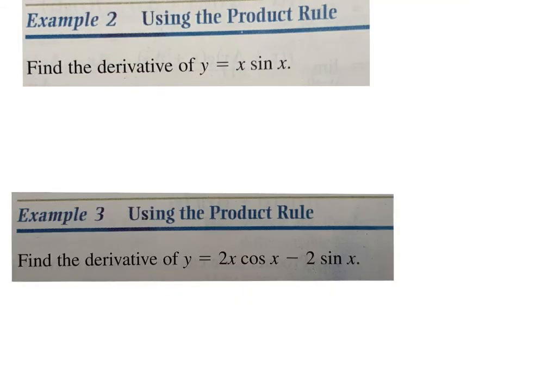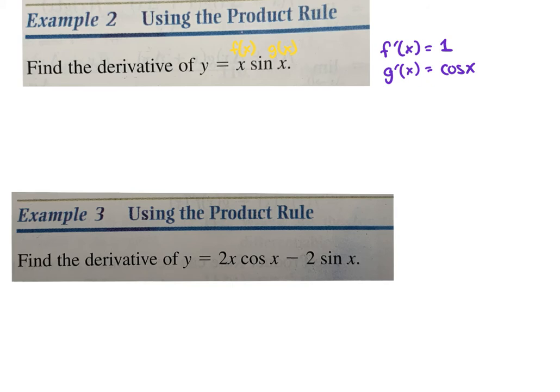All right, so product rule using trig. So first of all, you have to recall the two trig functions we've talked about so far. The derivative of sine is cosine, derivative of cosine is negative sine, right? And other than that, you're going to do this exactly the same. For this one, this would be my f of x, this would be my g of x. So then my derivative of my f would just be 1, and my derivative of my g would be cosine.